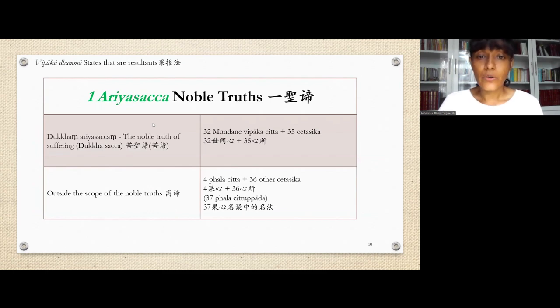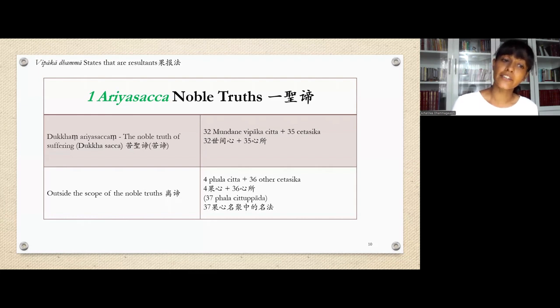Yes. Now, as we described before, under Vipākadhamma, Vipāka are like the fruits that are given rise from the seed. So the fruits are likened to a seed in such a way that the kamma, the wholesome and unwholesome kamma, are namadhamma.